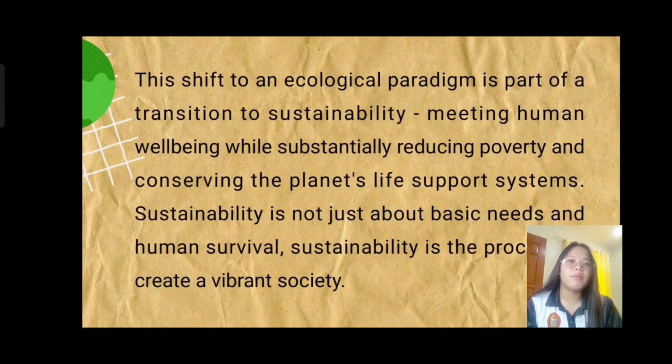So when we talk about the transition to sustainability, it's like moving to a way of living that balances what people need with taking care of the environment for the long term. So that is ecological paradigm and the transition to sustainability.